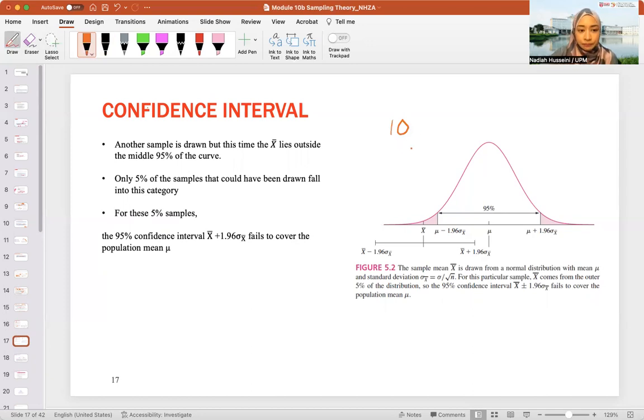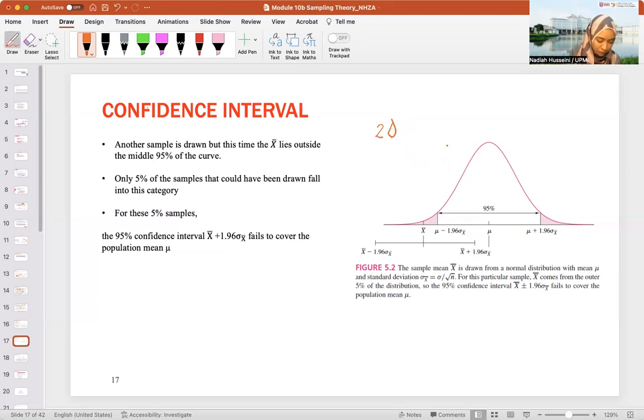From this 10, 0.05 times this number is not a good number. Let me use a different number. The 20 times that the engineer sampled from this population, 0.05 of this, what would that be?